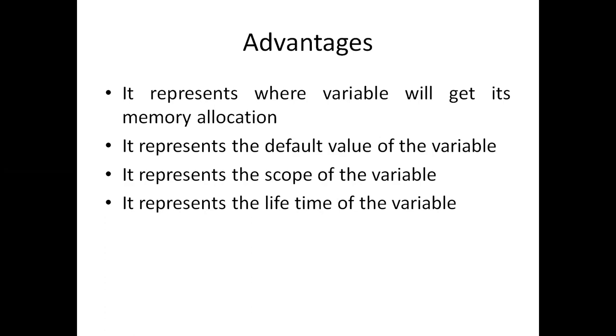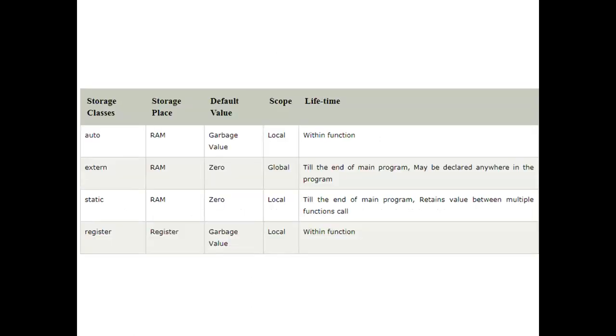It also represents the scope and lifetime of the variable, that is, where the variable will be used, whether inside the block or inside the function only, or whether it has the whole program as scope. So this table is very important. It represents all the storage classes with their default values, where memory is allocated to them, and what their scope and lifetime are.